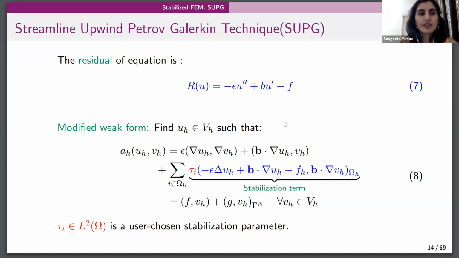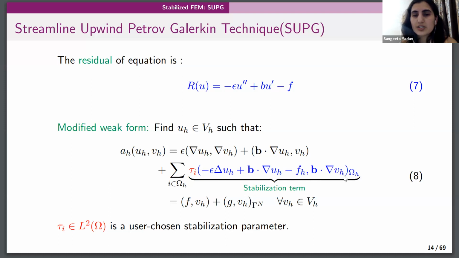If we use the Galerkin weak form, we have already seen that we get spurious oscillations in the numerical solution. To get rid of the spurious oscillations, we add a residual term to the weak formulation. This R(u) is the strong residual of the given PDE. We add this term after multiplying it by the streamline direction. By streamline direction, I mean b dot grad v, where b is the convection velocity and v is the test function.